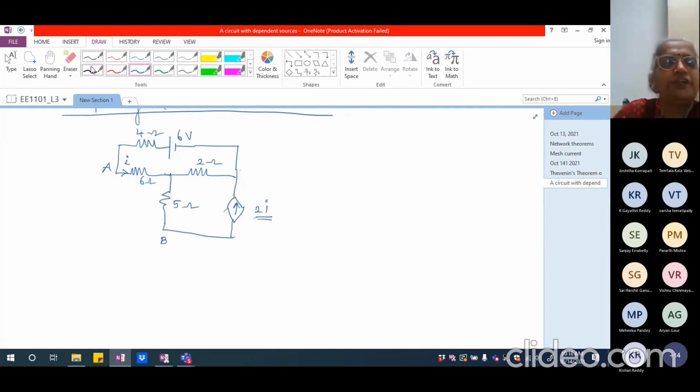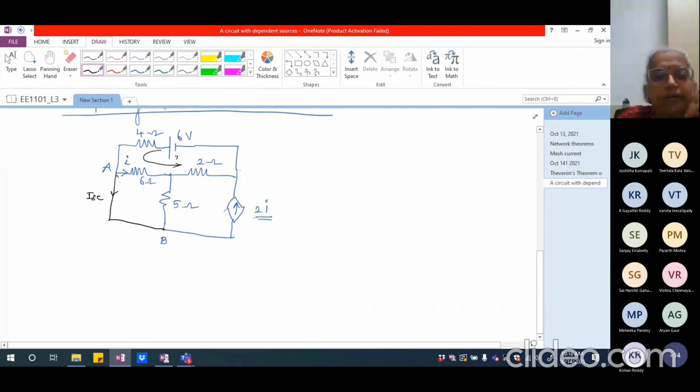If I want the short circuit current between these two, all I need to do is just short circuit. So what I need is this short circuit current. In this particular case, if I have to write the equation again, please note there are three meshes.